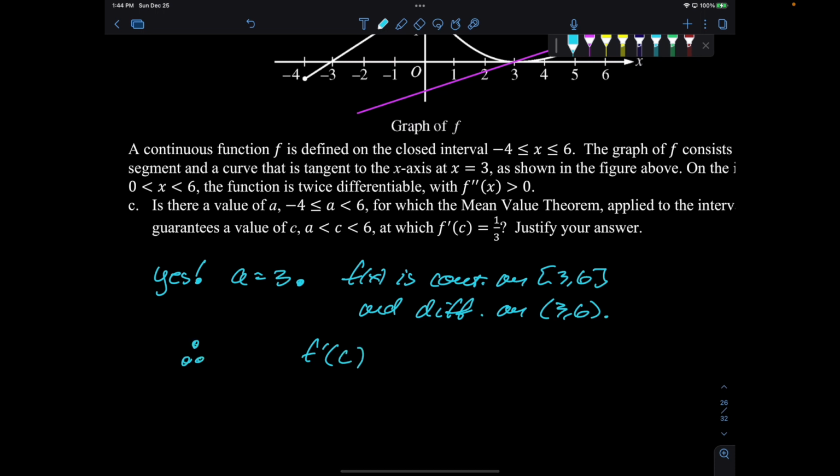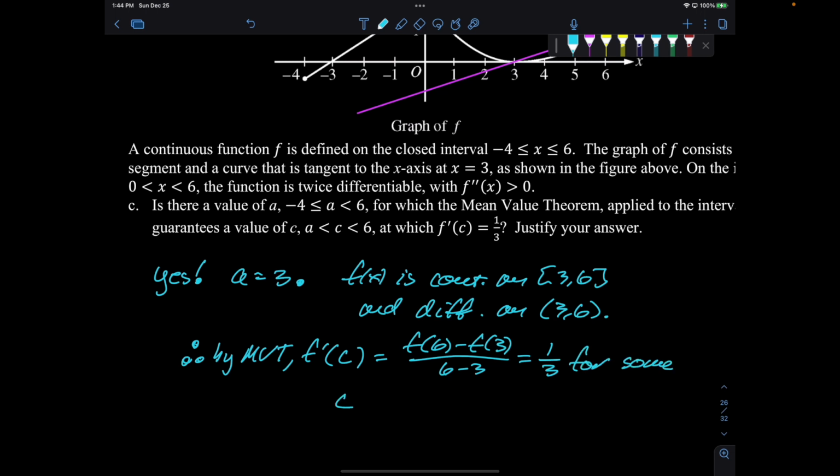Therefore, by the MVT, f prime of c equals (f of 6 minus f of 3) over (6 minus 3), which equals 1/3 for some c in (3, 6). I think that's it.